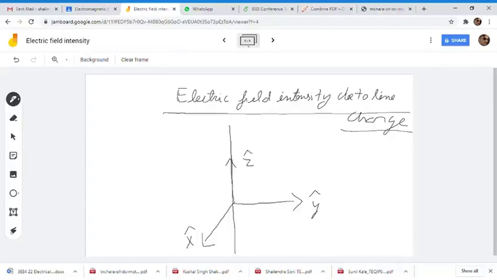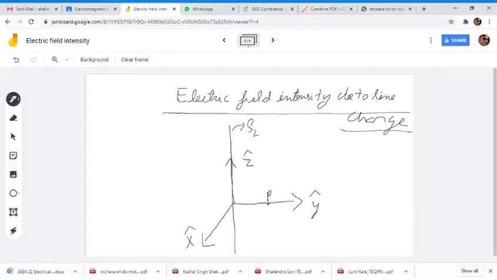Now we need to find the electric field intensity due to this line charge at this point P. We know that these charges are distributed on this line which is placed on the z-axis.